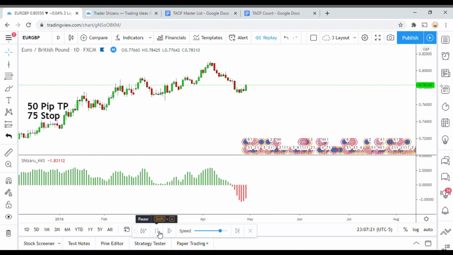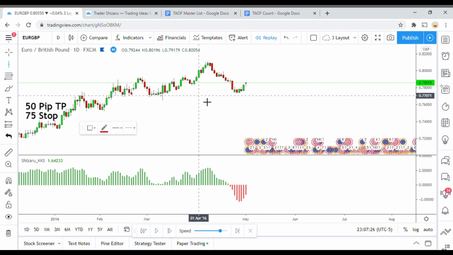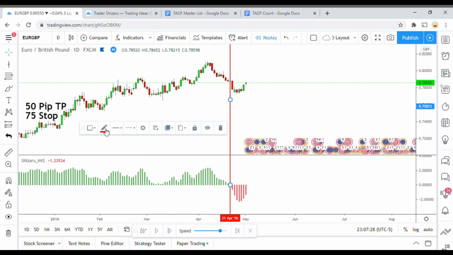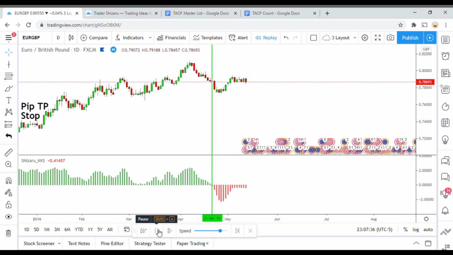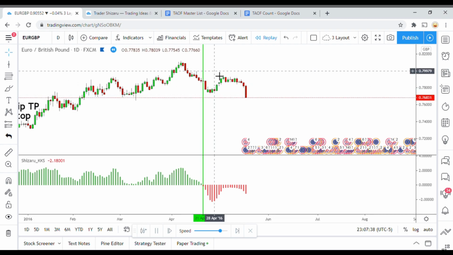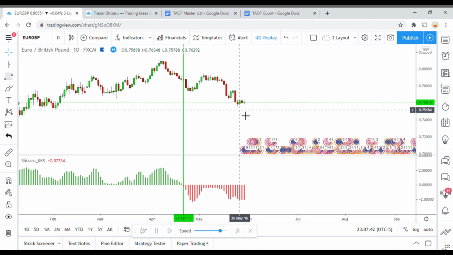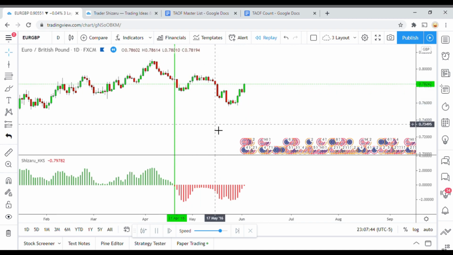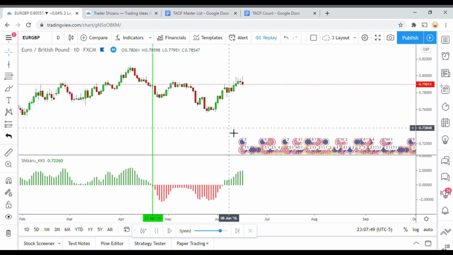There's a short right there. Right here on this one. That one definitely got us to take profit. Looks like we would have hit take profit, then came back for a stop out at break even right there, but it was profitable nonetheless.